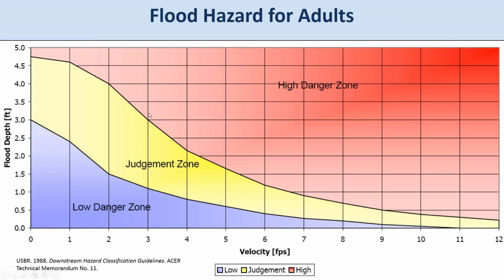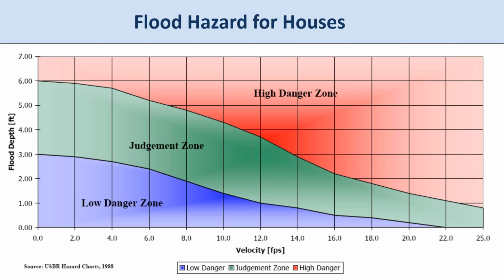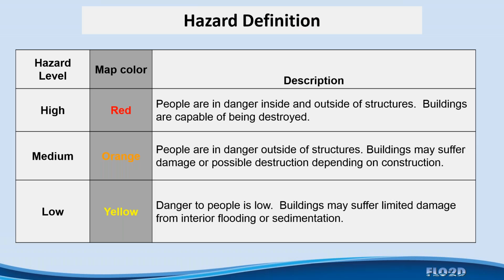It'll sweep you off your feet. So this becomes the high hazard zone, danger zone. So my own personal experience is that these are relatively accurate, and they're flood hazard for adults, for houses, for cars, etc. So we programmed these into the Mapper for you.